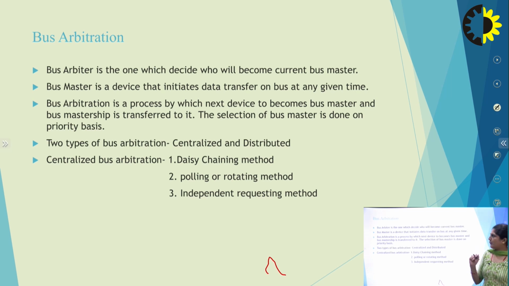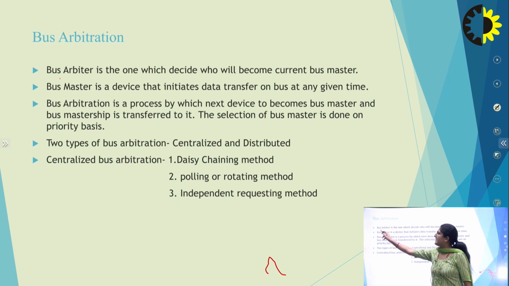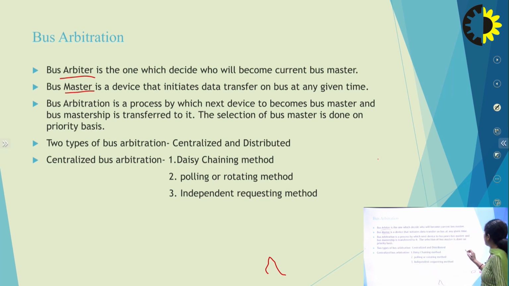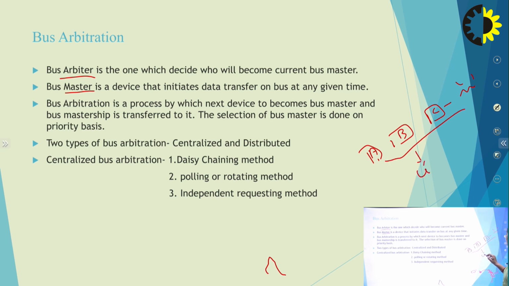You might be confused about the concept of bus master and bus device. Suppose there are devices A, B, C, n number of devices, and all want to communicate with the CPU. Who will decide which device will transfer first? That is where the concept of bus arbitration comes in.